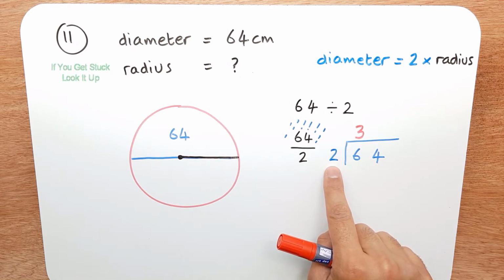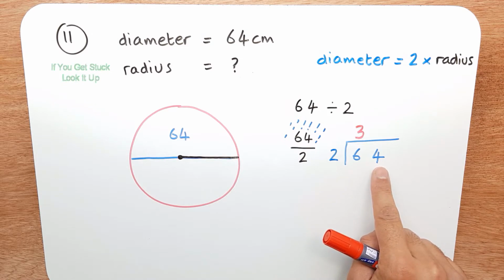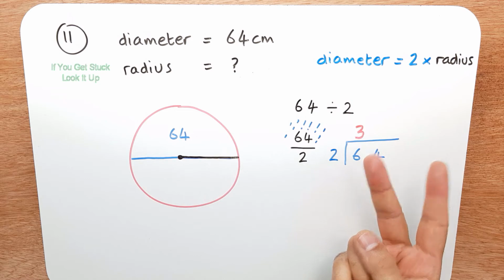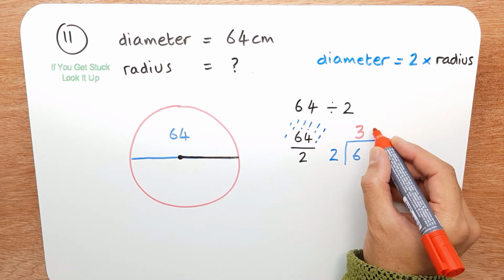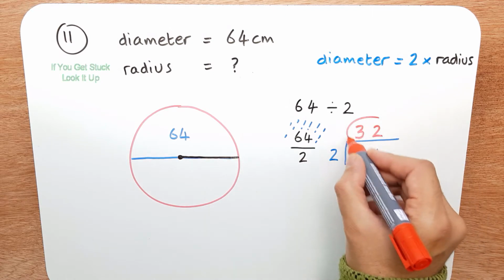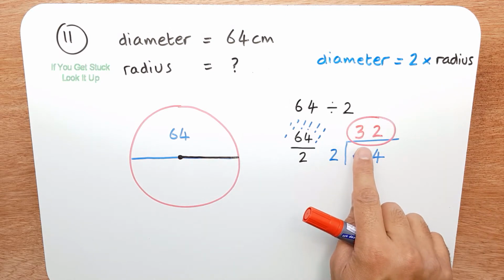How many 2's are there in 4? 2, 4. So there's 2. So we put the 2 there. There's no remainder, so we stop. So that there is our answer.